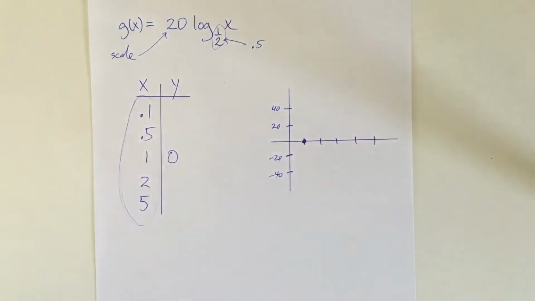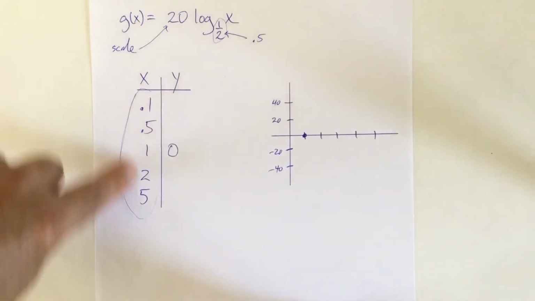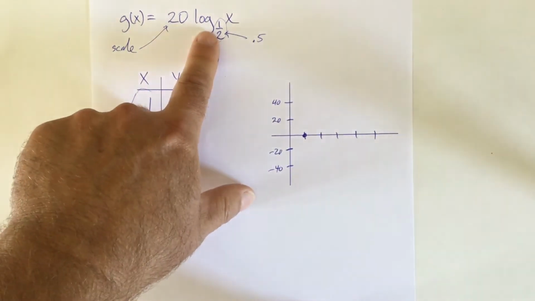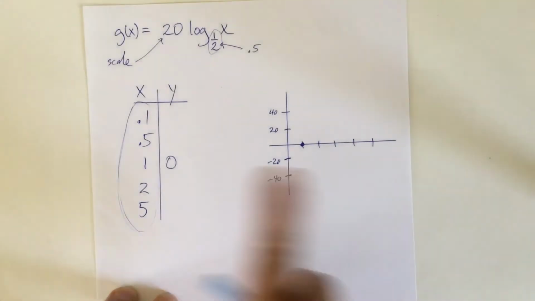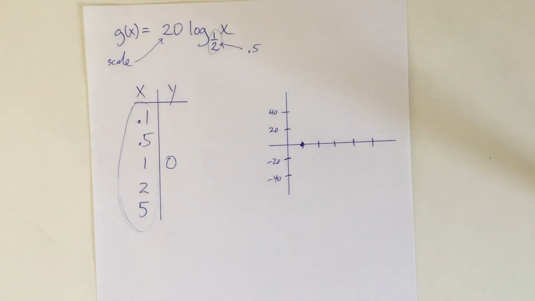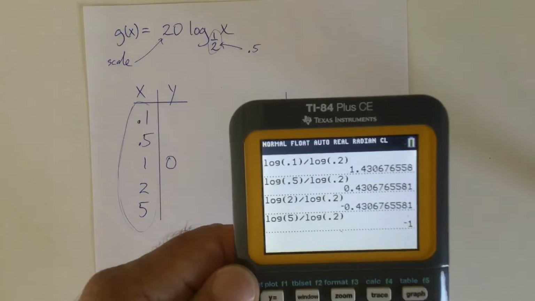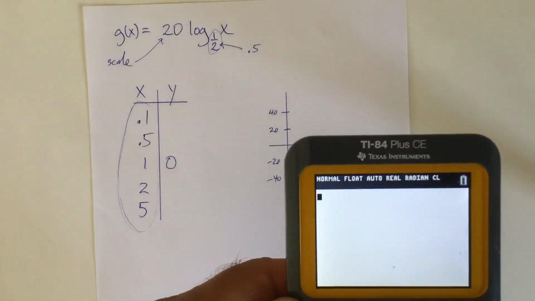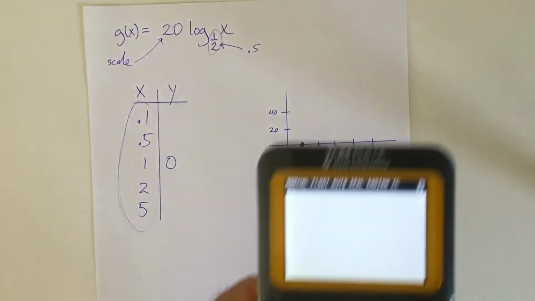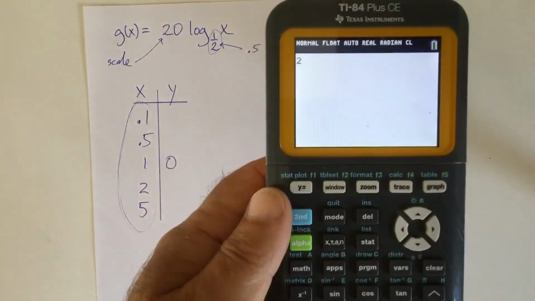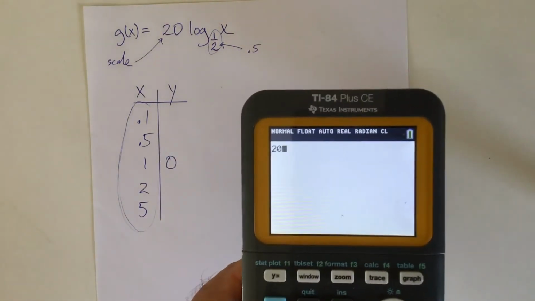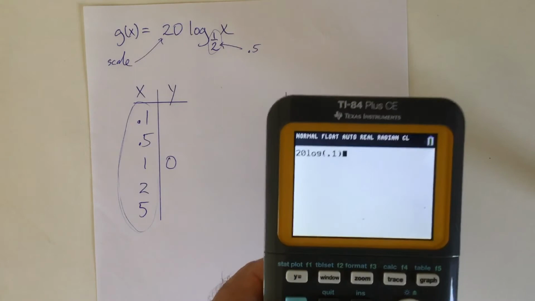And that's why these two lessons, exponentials and logarithms, kind of go hand in hand. They're different input, different feel, different weirdness. But there's a lot of similar things that they do. So I am now going to grab my calculator, and I am going to clear all this out, and I am going to punch in the number 20, and then I'm going to go log 0.1, close the parenthesis.